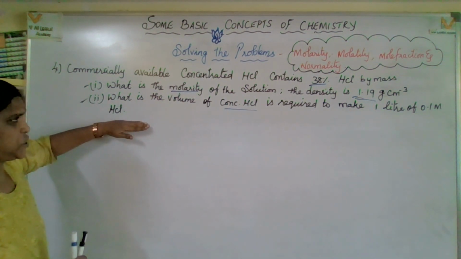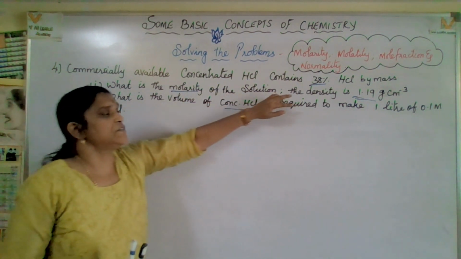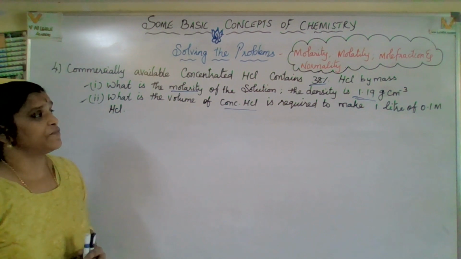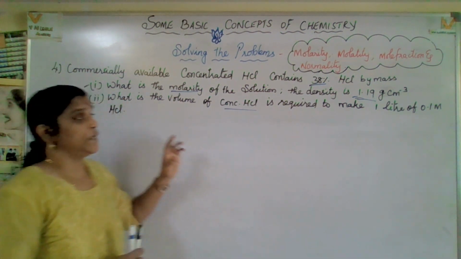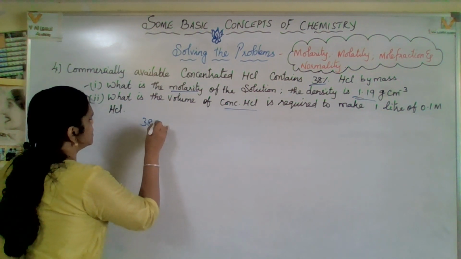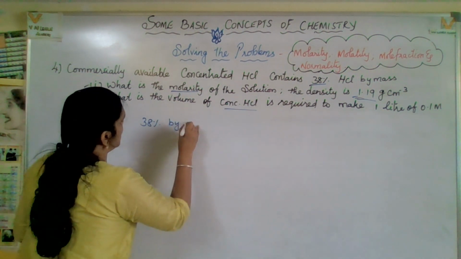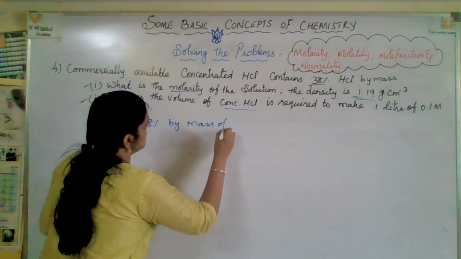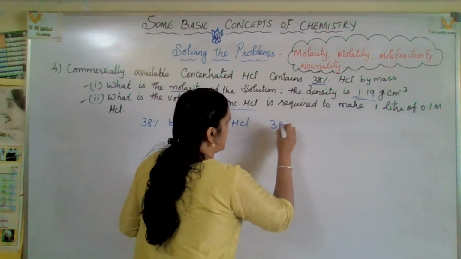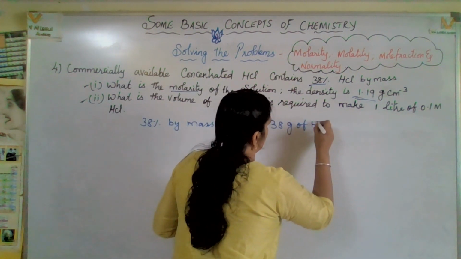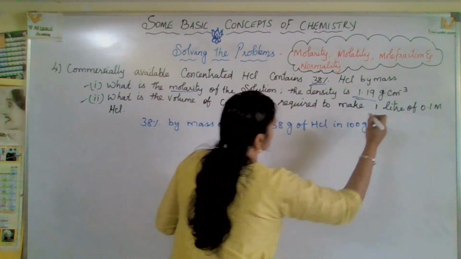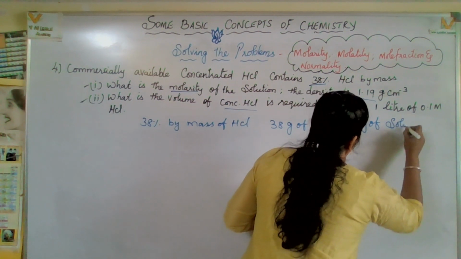In these two questions, they have provided the percentage by mass of HCl. So we have to find out the given mass. 38 percentage by mass of HCl means 38 gram of HCl in 100 grams of solution, right?